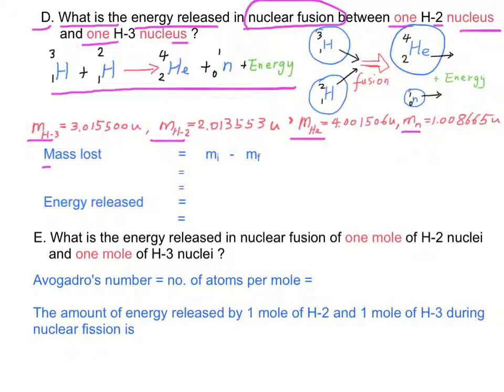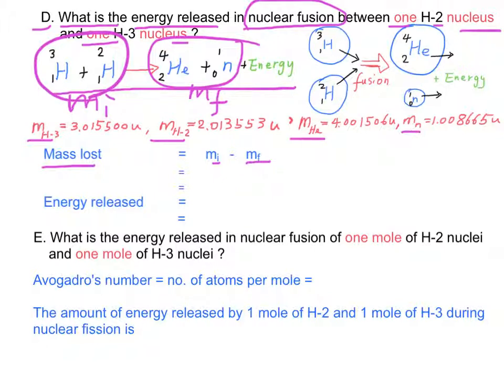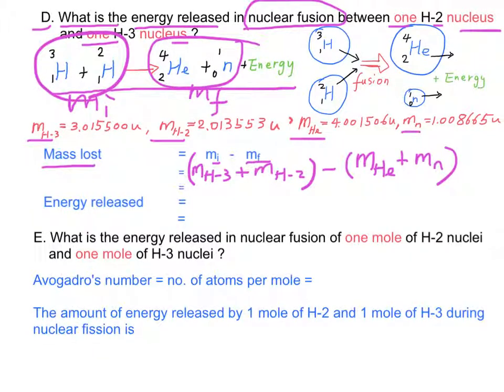In this case, the mass lost during the fusion process is the initial mass minus the final mass, which is Mi minus Mf, which is equal to the mass of hydrogen-3 plus the mass of hydrogen-2 minus the sum of the mass of helium and the mass of a neutron, which is equal to 0.0188882 U.